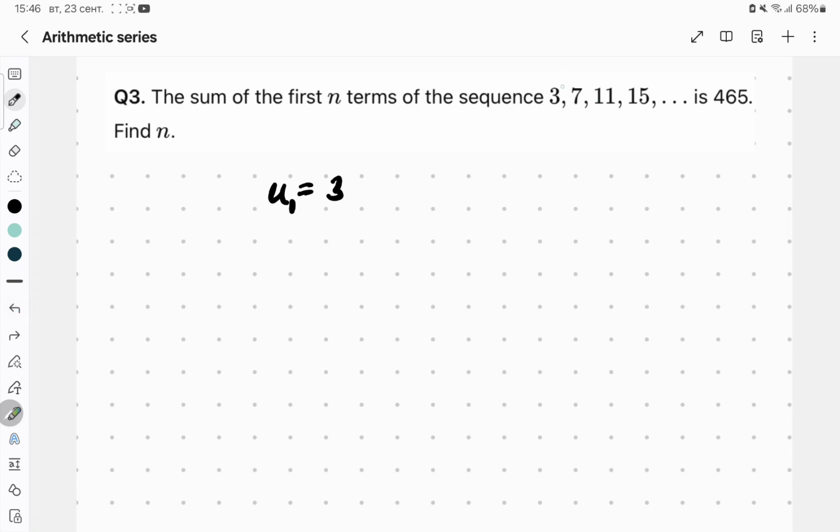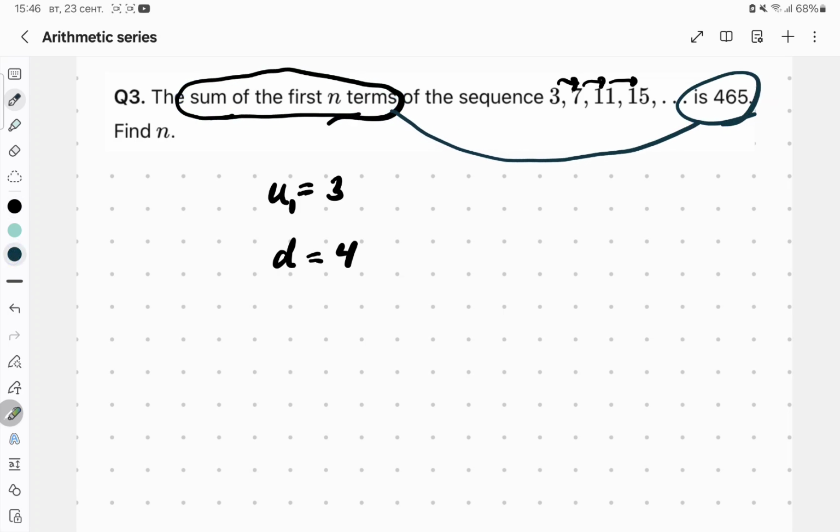And the difference, you see that our sequence is an increasing sequence. That is why we have to add 4 to all the previous terms. So d is equal to 4, and it says that the sum of n terms is equal to, yeah, if we connect, we will see that Sn is equal to 465.